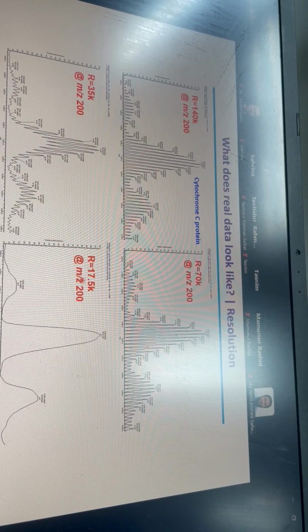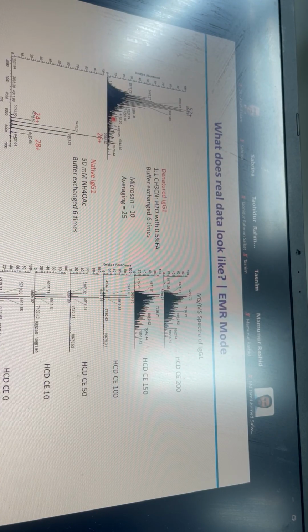If you have a resolution of only 17.5K, you do not see the isotopic distribution. At 35K, you start seeing some isotopic distribution, but at 70K and 140K, you can separate all the isotopic distribution of cytochrome C protein.